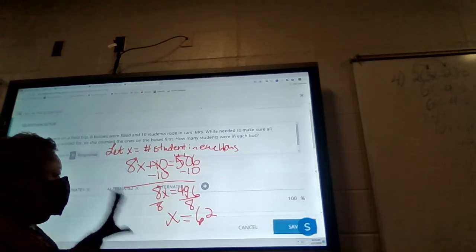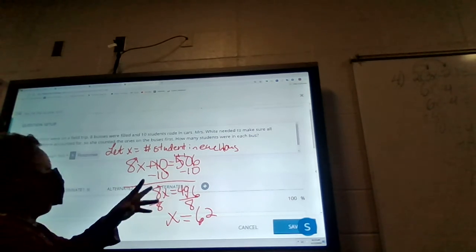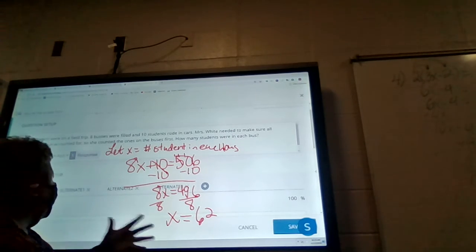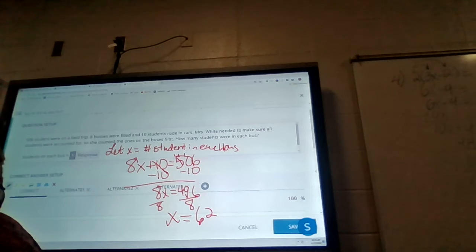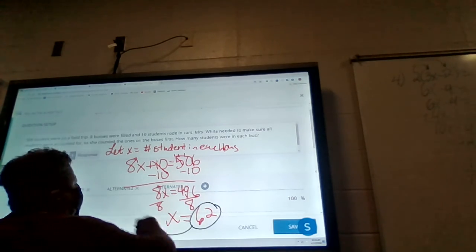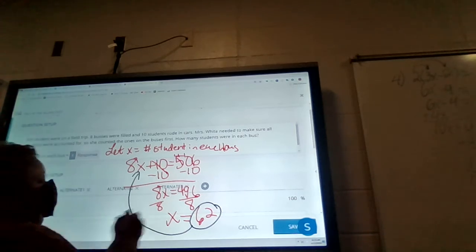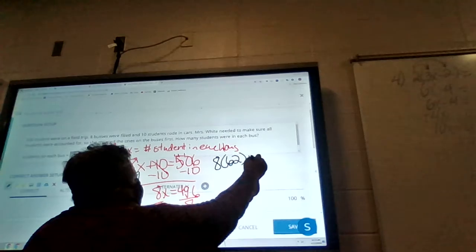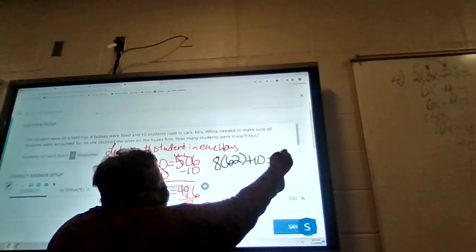This is the one thing you need to do to check to make sure your answer is correct when you're doing a test. Okay, x is equal to 62. I'm going to put it right back in there. So 8 times 62 plus 10 should be 506.